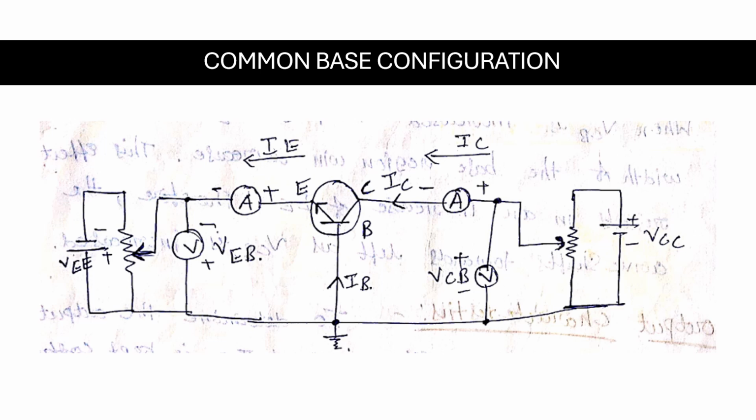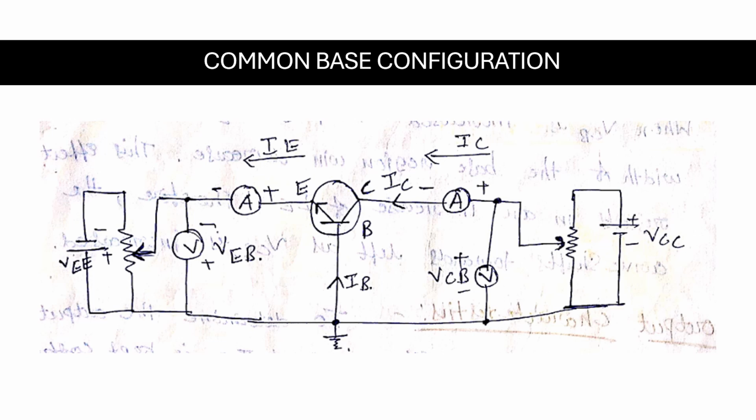Output characteristics means the graph drawn between output voltage and output current, the graph drawn between VCB and IC when input current is kept constant. Here the input current is IE. When the input current is kept constant, we observe how IC varies by varying VCB.